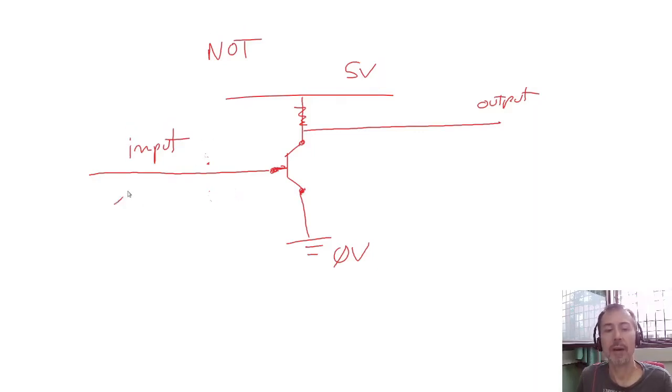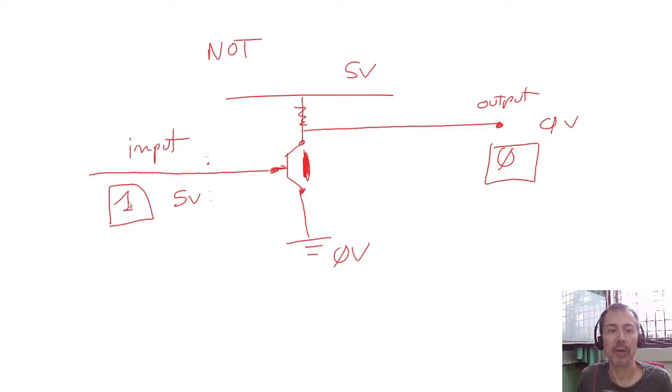If we receive a 1, remember a 1 is 5 volts, then this will be closed and the output here will be 0 volts. So we have a 1 as input and we have a 0 as output. This is inverting the signal. And if we have a 0 here, then the switch will be open and we will have 5 volts here.